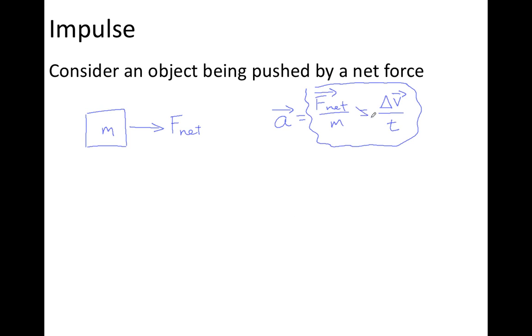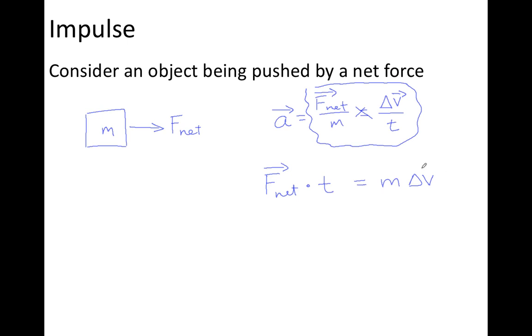If I do a cross multiplication, we're going to end up with a useful result. We get on the left-hand side the net force times the time, the time for which this net force has been acting on the object, and that's going to equal the mass of the object times the object's change in velocity.